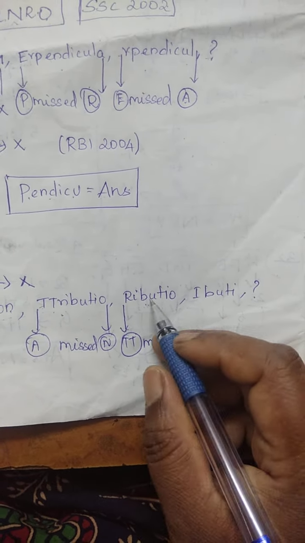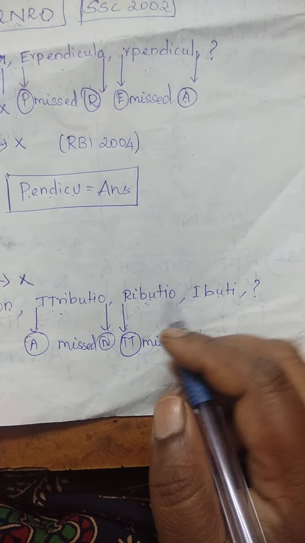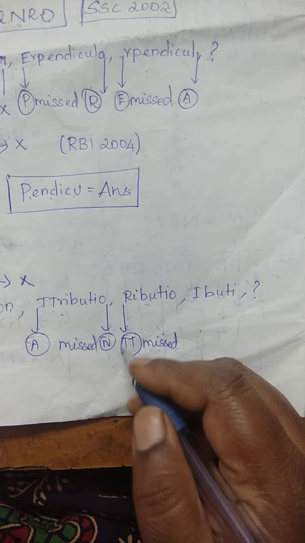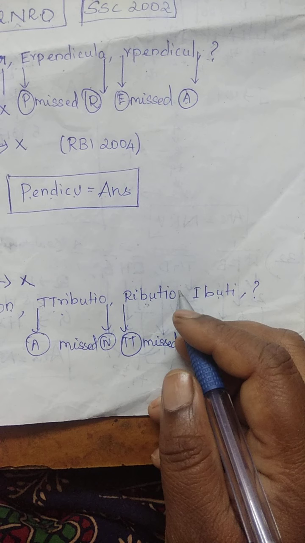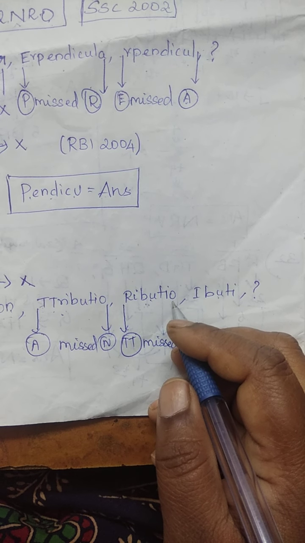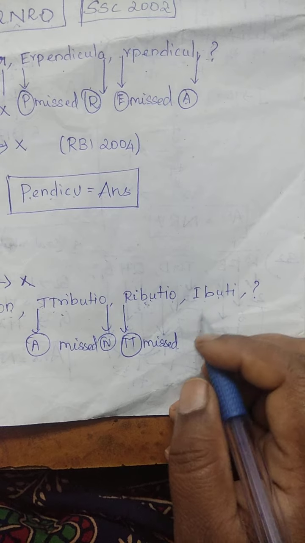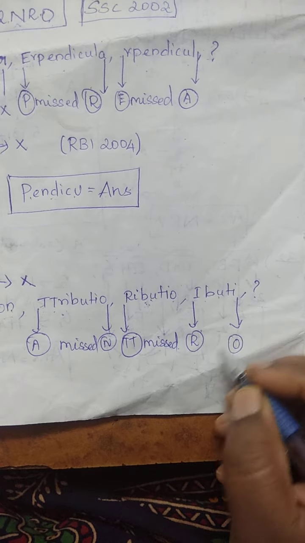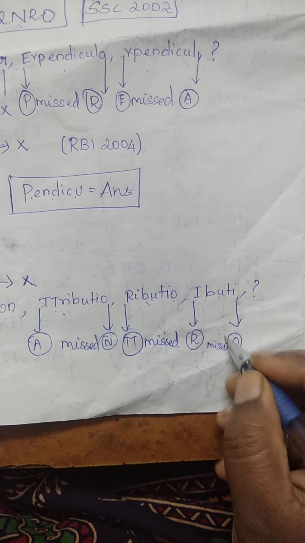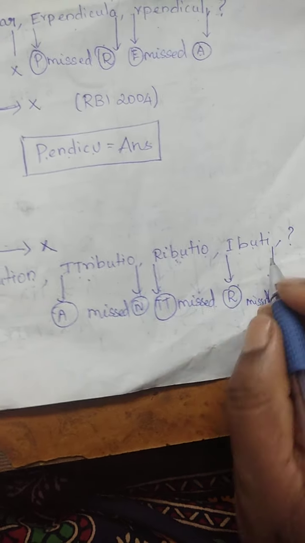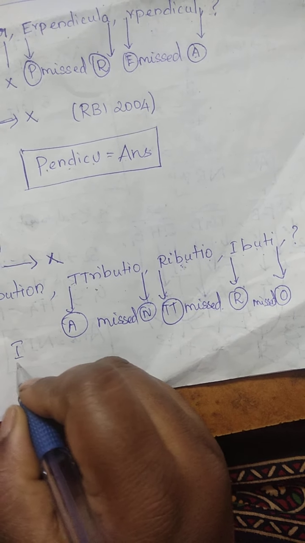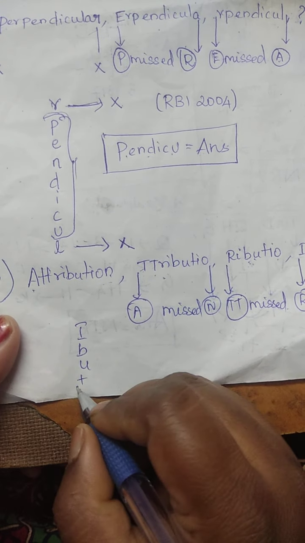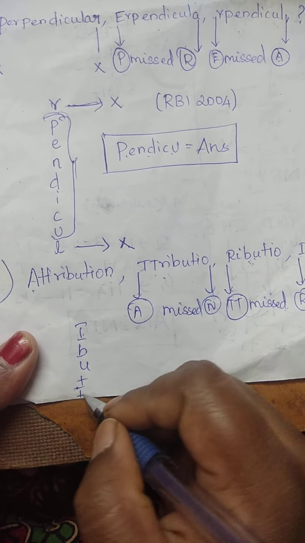Then here, compare this and this. Here the O is not taken away because here T and T are same alphabet, so they remove T and T together and they not remove O. See, compared to this, here they taken away R and then here they taken away O or missed. So tell me now, just write down here I B T I. Write down here. What should taken away from here? Here I and I are repeated.